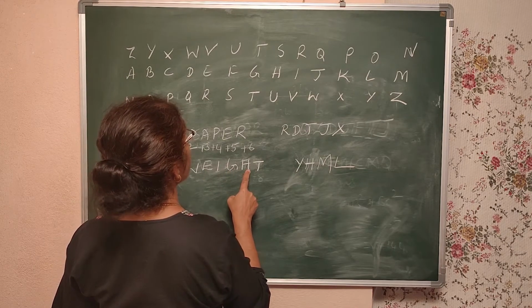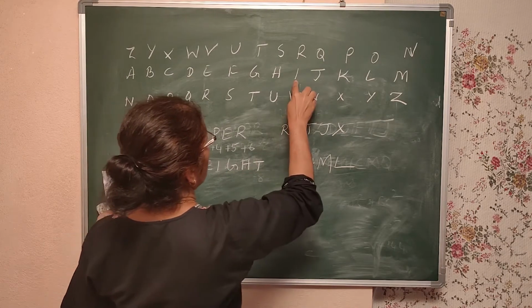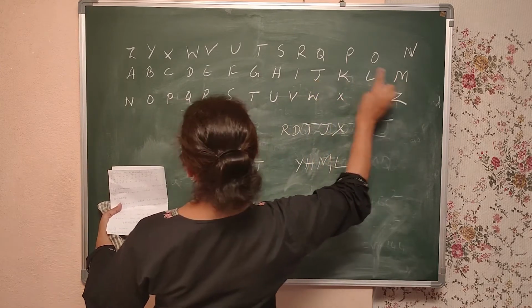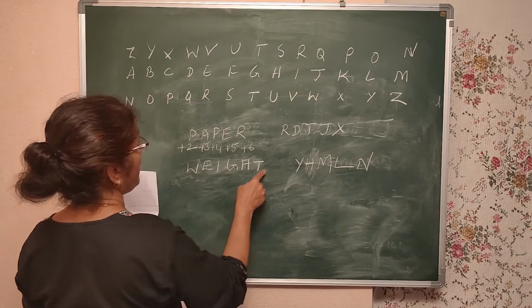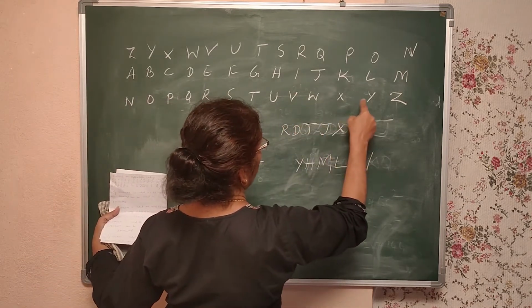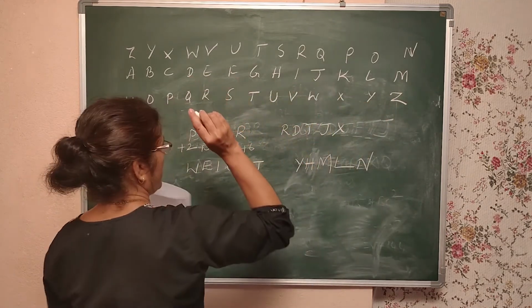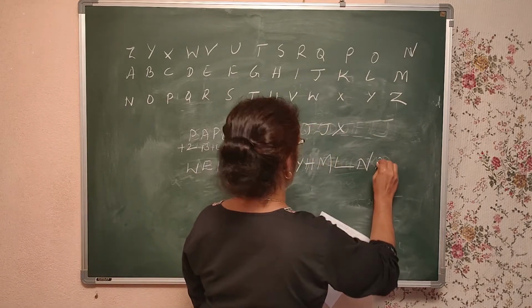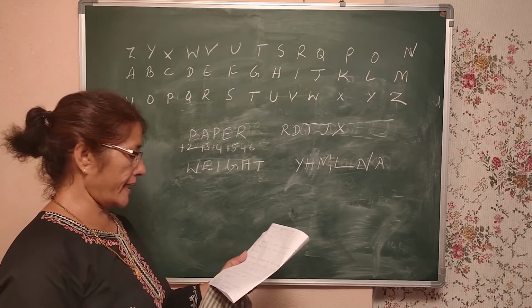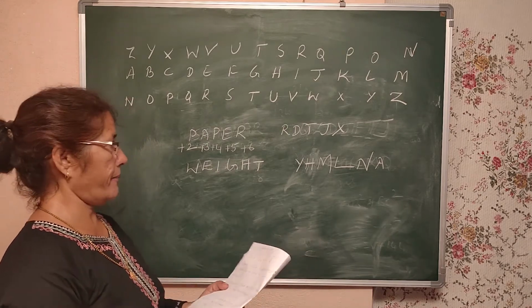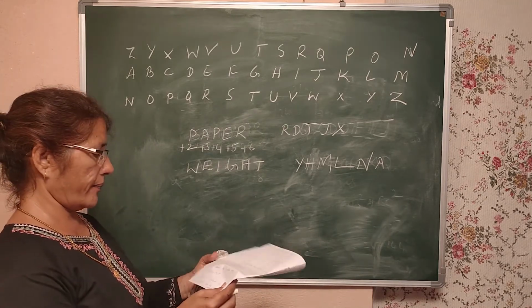Now H plus 6: 1, 2, 3, 4, 5, 6, N. T plus 7: 1, 2, 3, 4, 5, 6, 7, A. So, what is the answer? YH, ML, NA. Let me go to the next one.